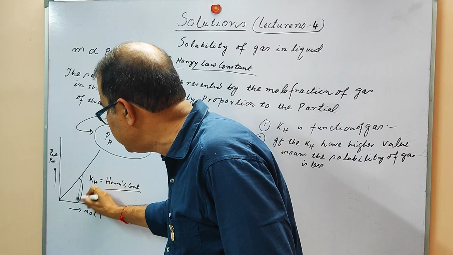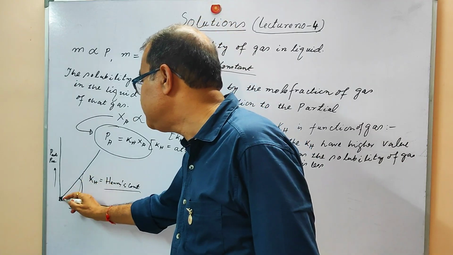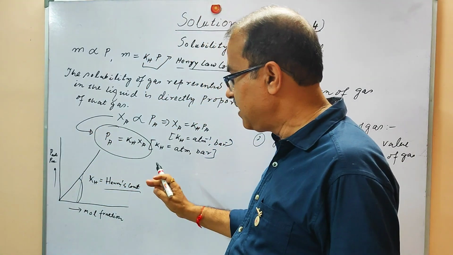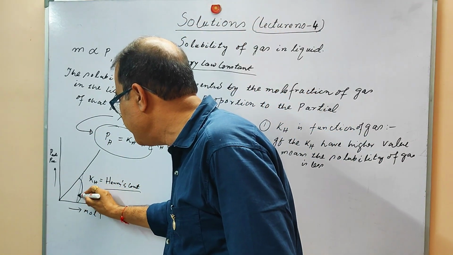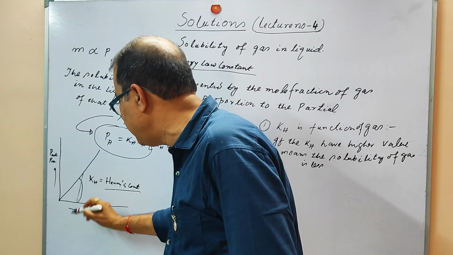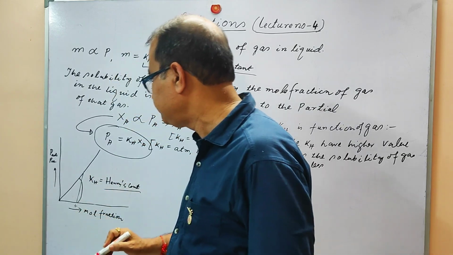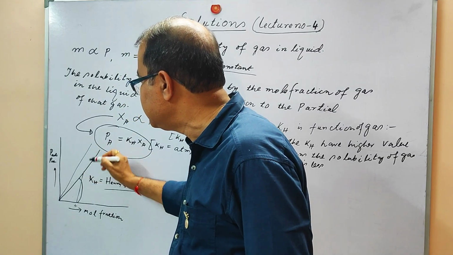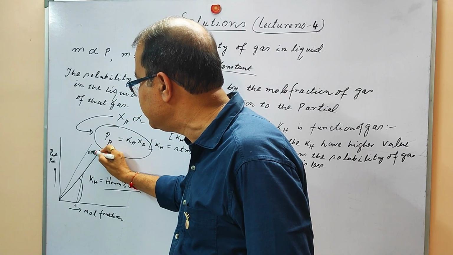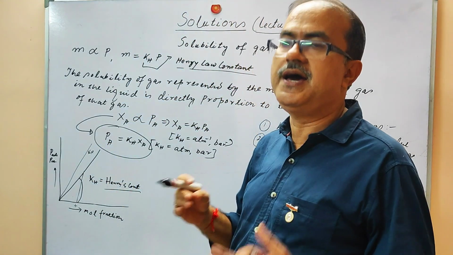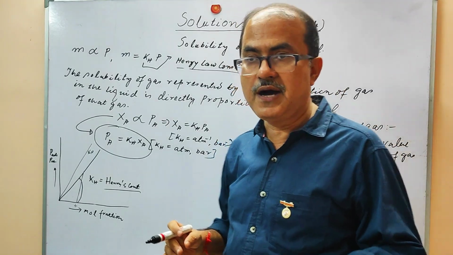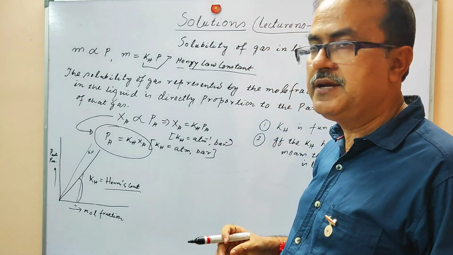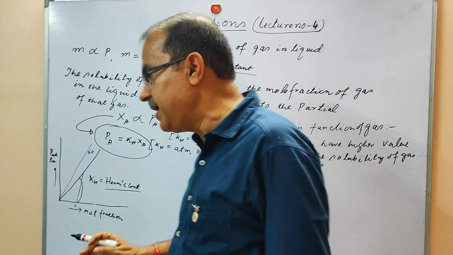Suppose this is the KH, meaning the slope of the curve. At that point you will find the solubility is this amount. When the slope increases, for some other gas with a higher KH value, the slope will be higher.